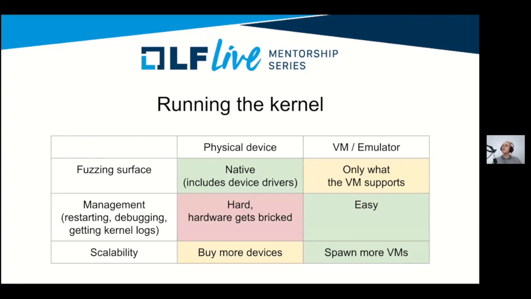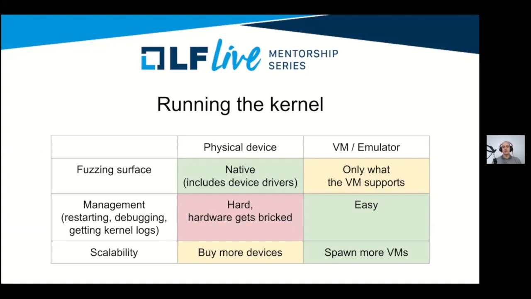But generally, if you're fuzzing a very generic core subsystem of the Linux kernel, it doesn't really matter which approach you use, because both should work just fine. Then the bad thing about physical devices is they're hard to manage. They're hard to restart, they're hard to get kernel logs from, they're hard to debug, and other stuff like that. And also, if you're running your fuzzer as root on your device, there is a chance it can get bricked.